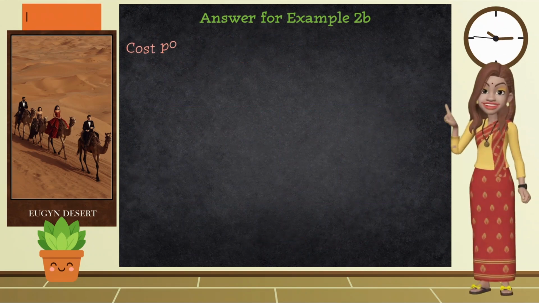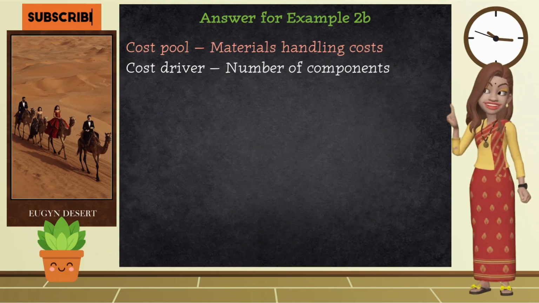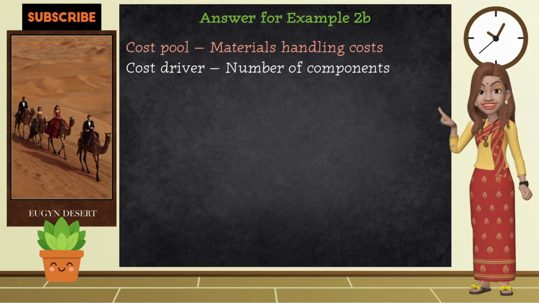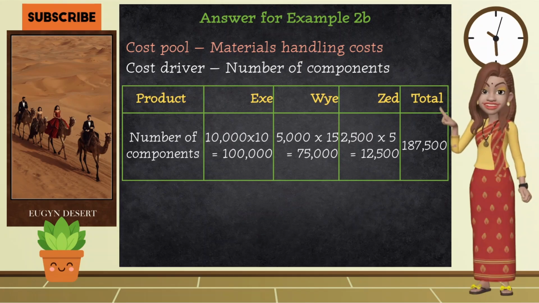For the second cost pool, materials handling costs, the cost driver is the number of components. We need to calculate the total number of components for the 3 products. We are given the number of components per unit, which will multiply by the number of units for the product to get the total number of components. Looking at X, we have 10,000 units times 10 components per unit, giving us 100,000.